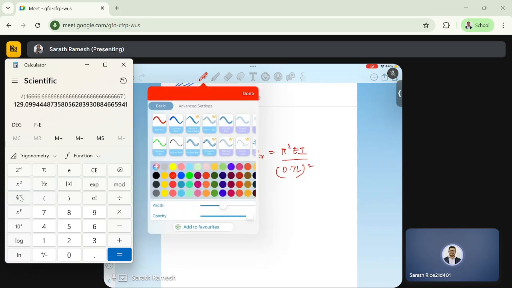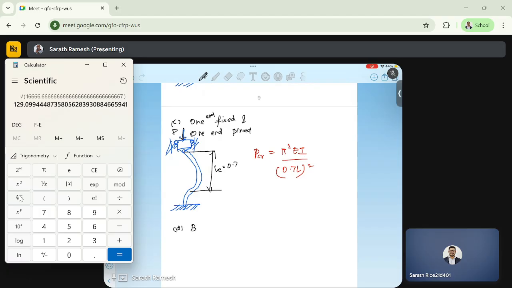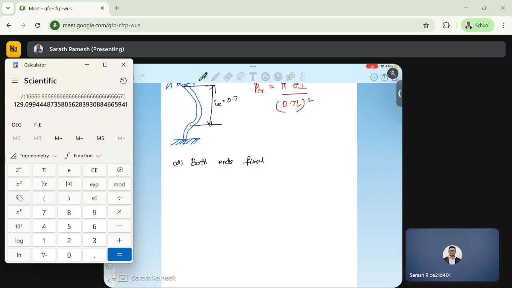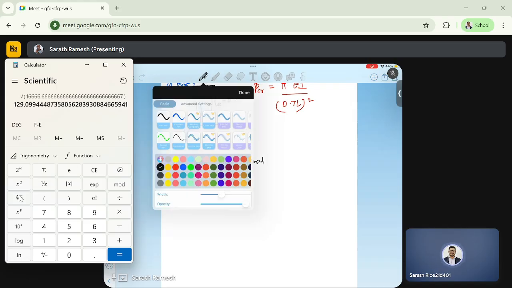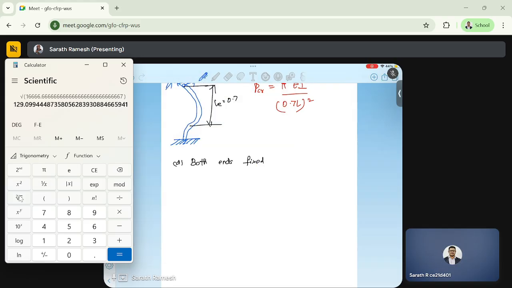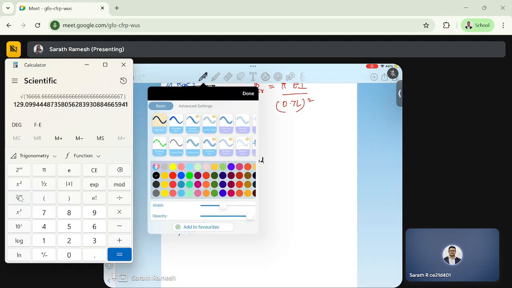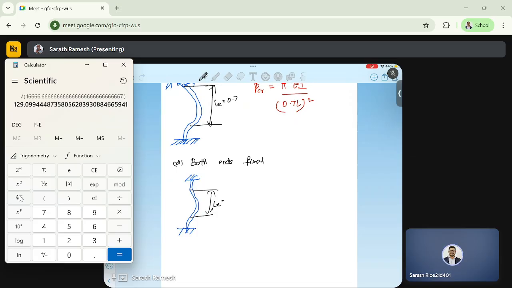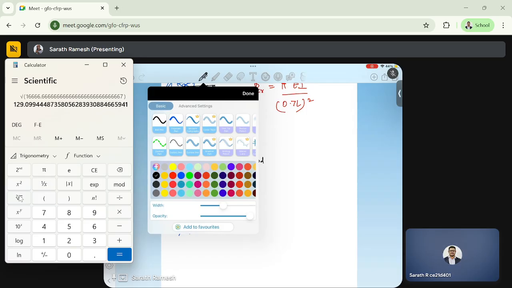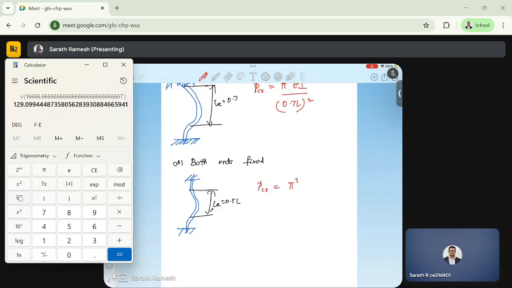And finally, both ends fixed. So in case of both ends fixed, we get the effective length to be half L, equal to 0.5 L. Okay, so here the Euler critical load will become P critical equal to pi square EI by 0.5 L the whole square.